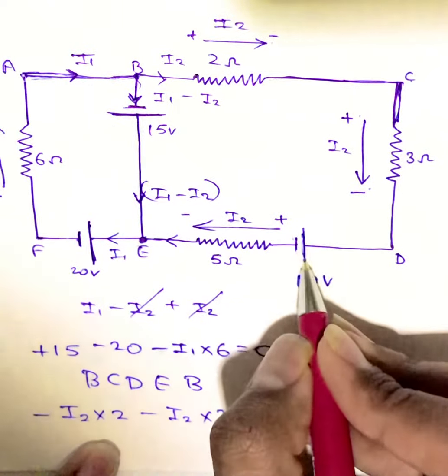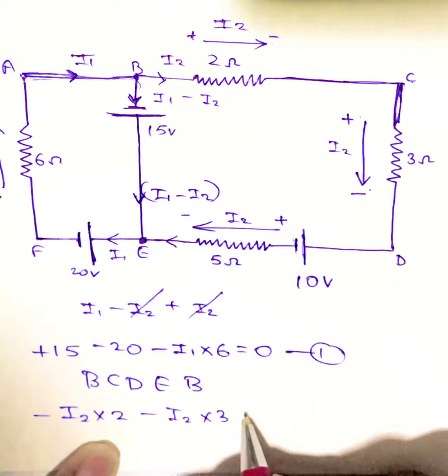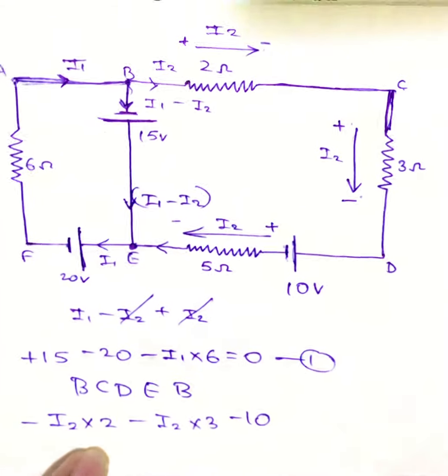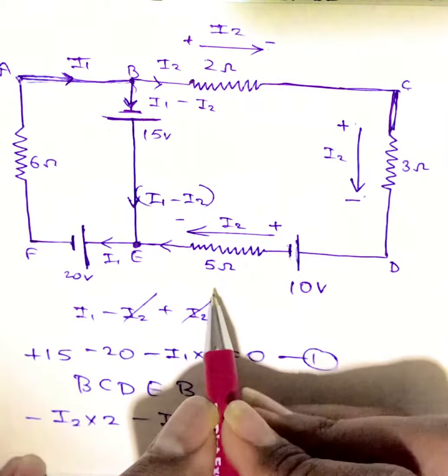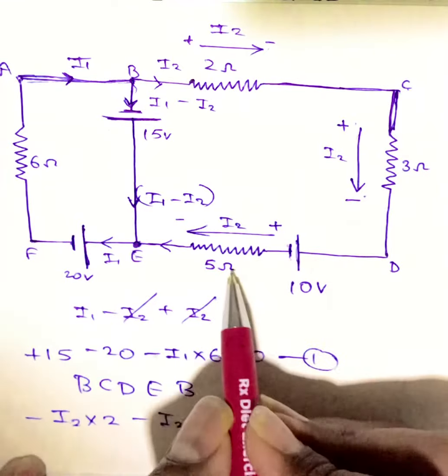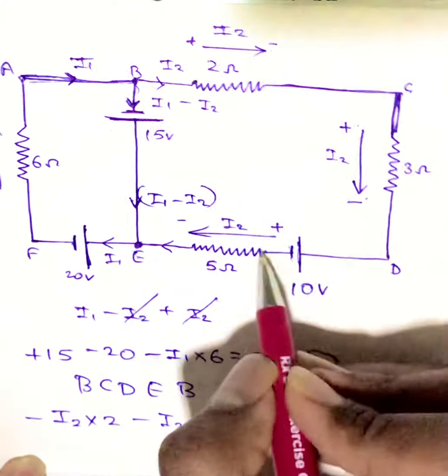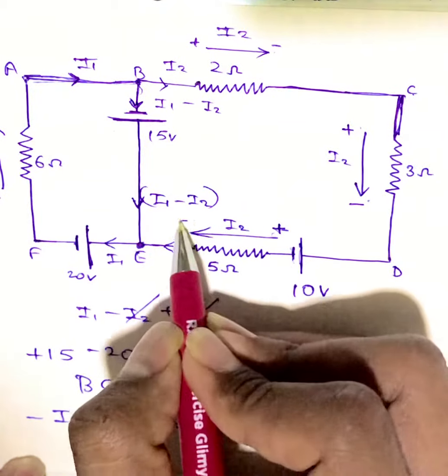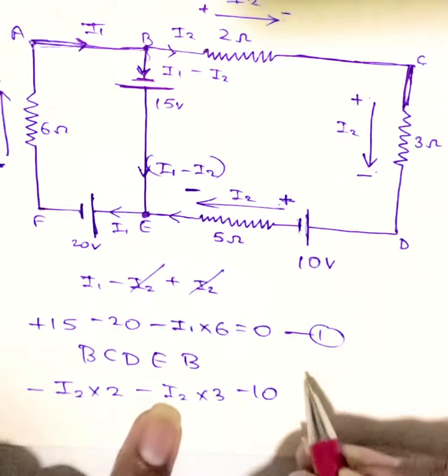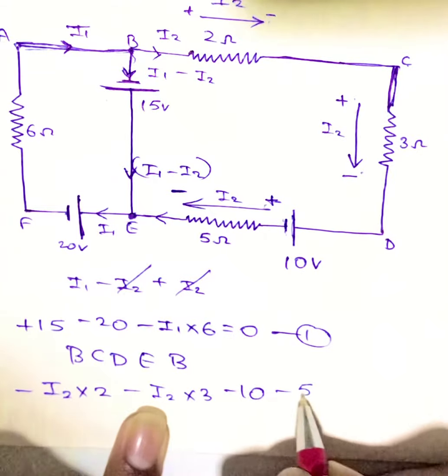Don't consider the first sign, consider the second sign, which is minus 10. Then across the 5 ohm resistor there is again a potential drop, and we consider the second sign, which is minus 5 into I2.